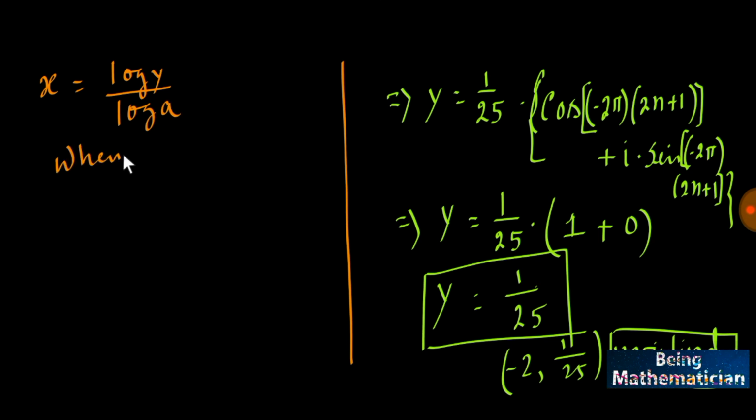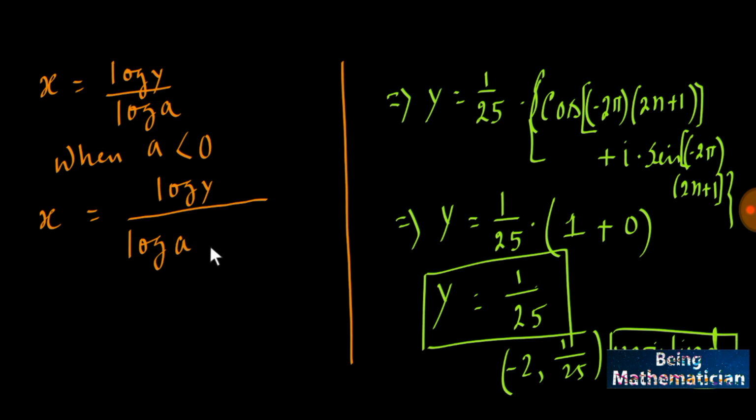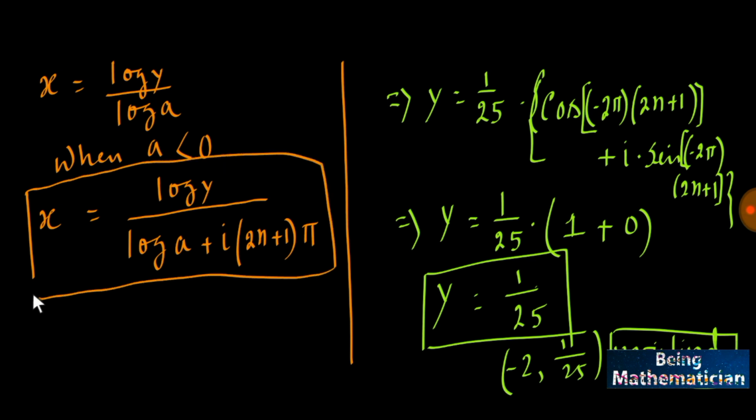When a is less than 0, now we have x equal to log y divided by log a plus i into (2n plus 1) into pi, and this is a very authentic formation and it is proved.